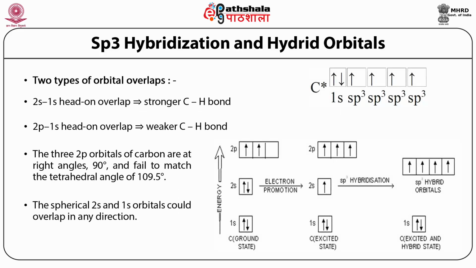Now the energy which is released by the formation of 2 additional bonds compensates the energy which is required for exciting 1 electron from 2s to 2p, energetically favoring the formation of 4 CH bonds.